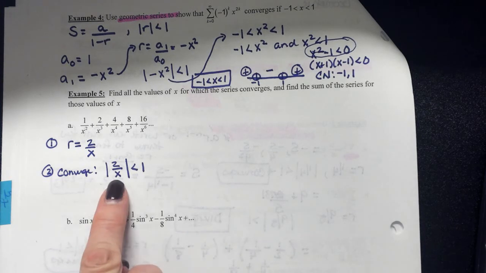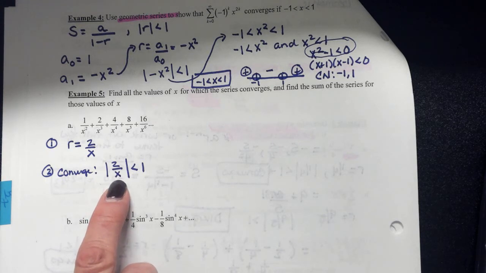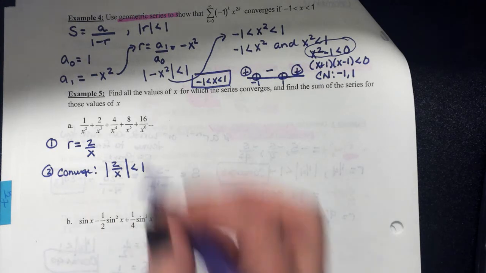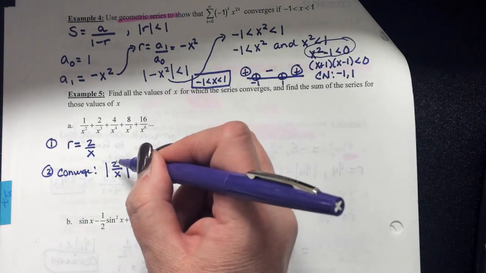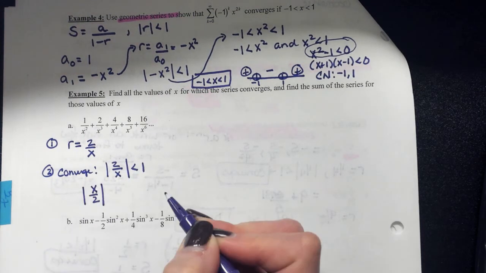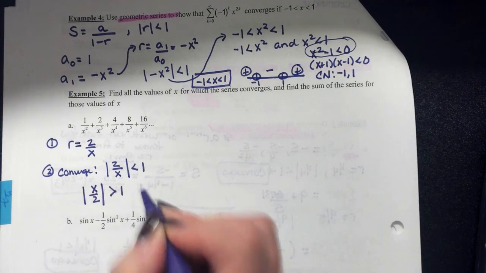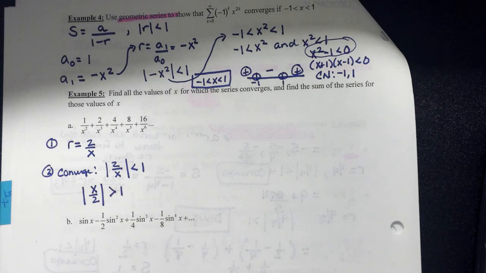So now when you have an absolute value and it's a rational inequality, somehow, some way, in order to solve this, you've got to get the variable out of the denominator. So the way you're going to do that is you're going to take the reciprocal of the fraction on the inside. So I'm going to rewrite this as x over 2, and when you do that, you simply flip your inequality sign to be greater than 1. Because you've got to get that variable out of the denominator in order to solve this absolute value.